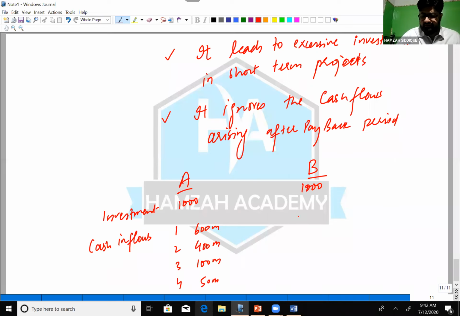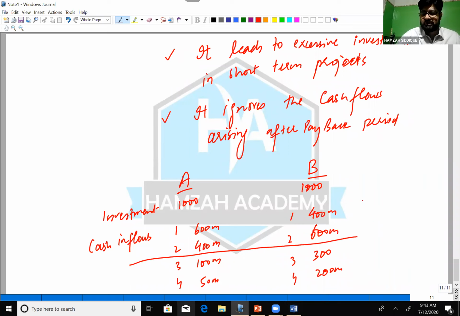Project B is giving the same years 1, 2, 3, and 4: 400 million, 600 million, 300 million and 200 million. These both projects have a payback of 2 years. You see.